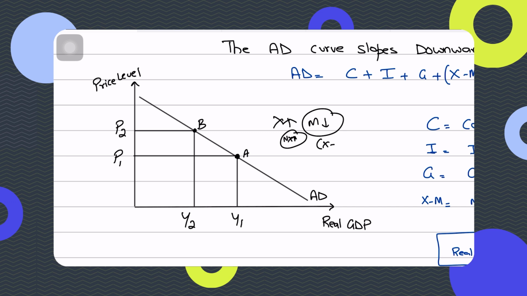While if the price level goes down, things become cheaper, your spending across the economy goes up, and so real GDP is going up, which we're trying to measure through spending, right?